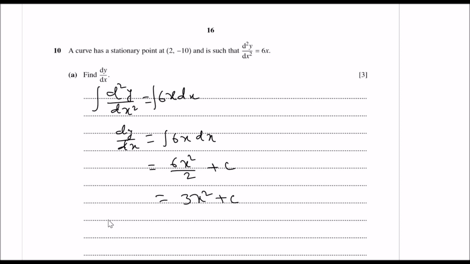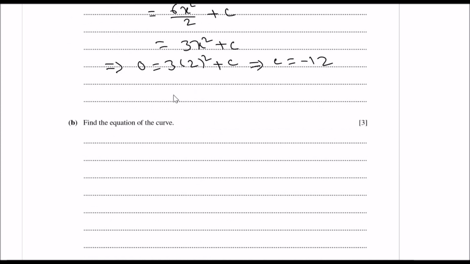So this implies 0 = 3 into 2² + c, so c = −12.